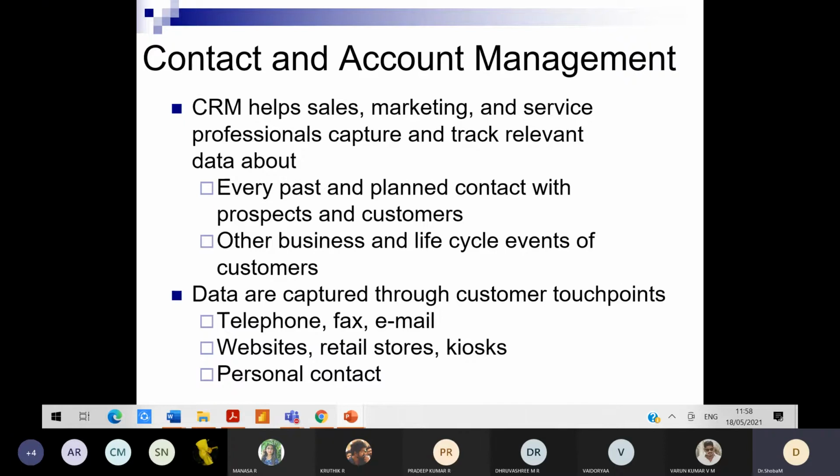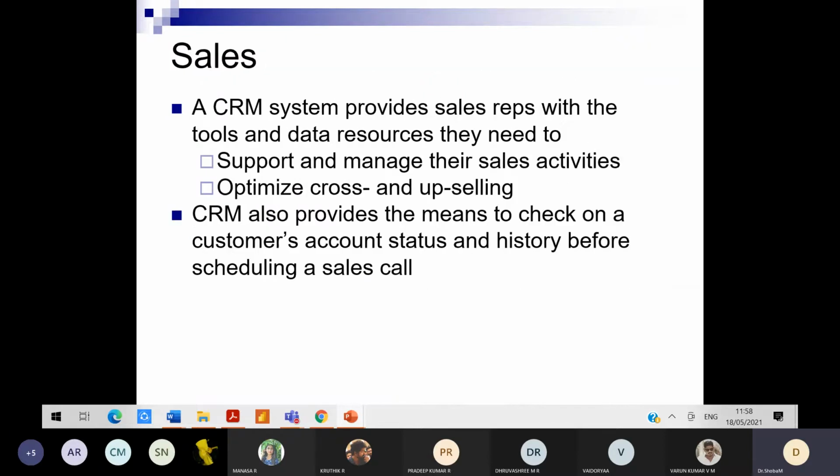The data collection could be from telephone, fax, email, websites, retail stores, kiosks, or even personal contact. So a CRM system provides sales representatives with the tools and data resources they need to support, operate, and manage their sales activities and optimize cross-selling and upselling.